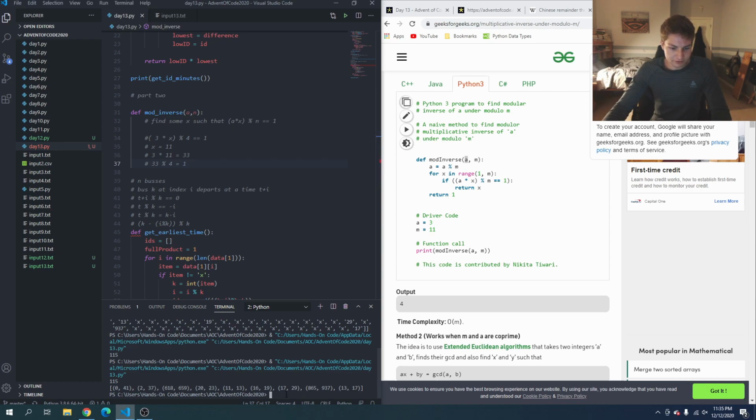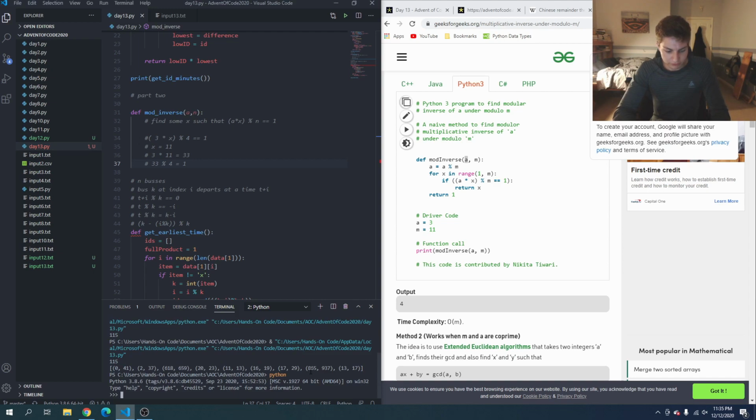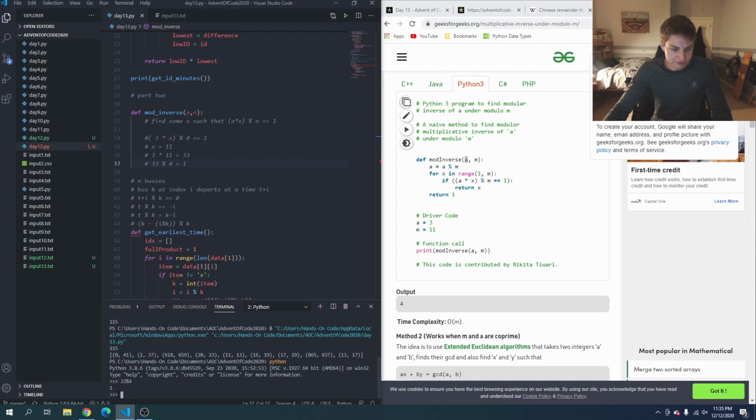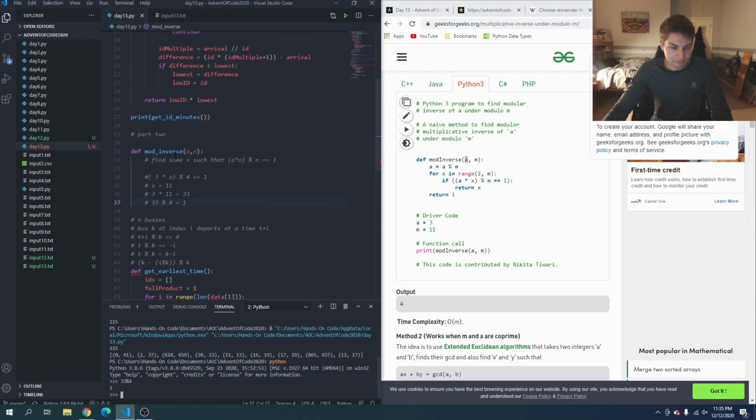And if we try that down here at the bottom, 33 mod 4 is equal to 1. So basically, for any a and any n, search for the x so that we can satisfy this equation.